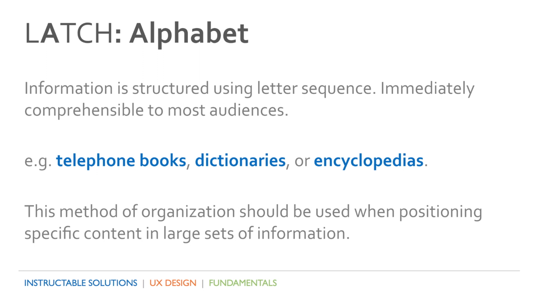This alphabet method of organization should be used when positioning specific content in large sets of information. For directories and listings on a website that have hundreds of potential results, an alphabetical sorting function becomes imperative.